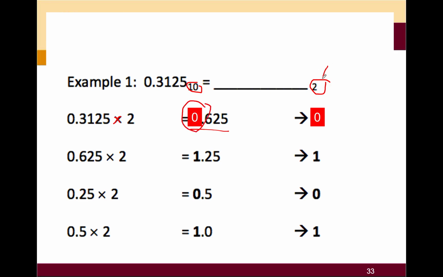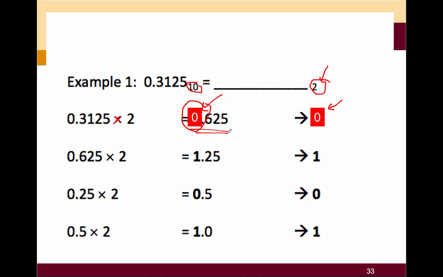Please remember that this is only when you convert decimal to binary. So you will pick this front value and put it here as the remainder, like in the divisions, and then you will continue using this answer.